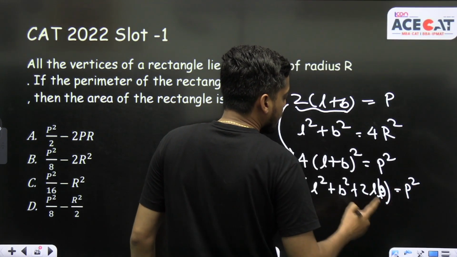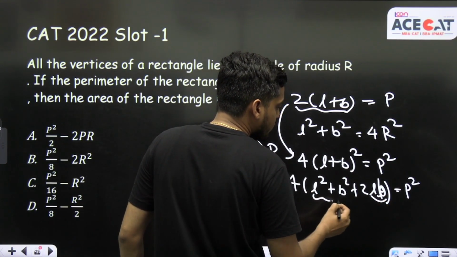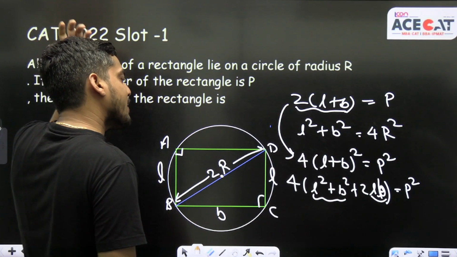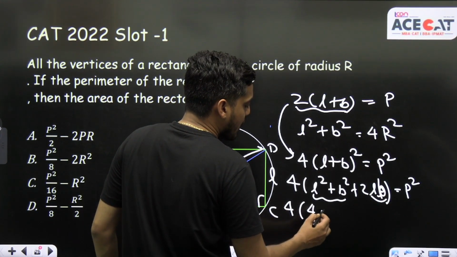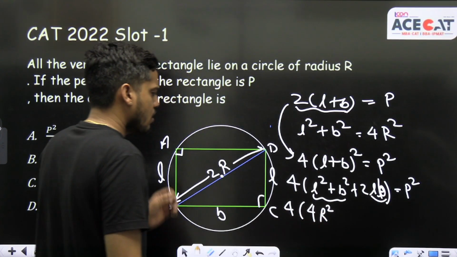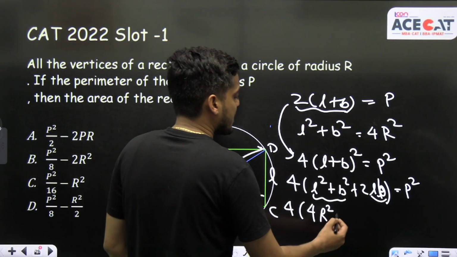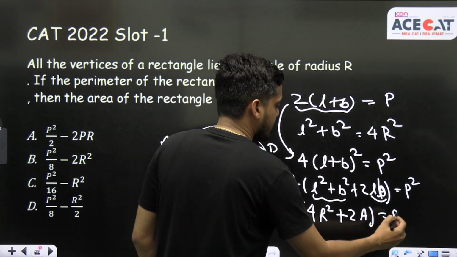Do you agree with me? L into B is nothing but the area, and we can put the value here now. What is L square plus B square? That is 4R square. So 4 into 4R square plus twice the area of the rectangle must be equal to P square.